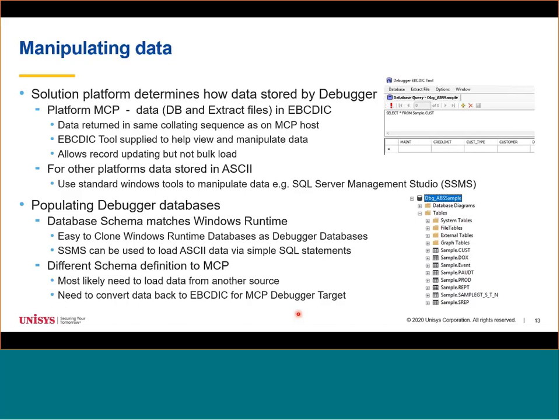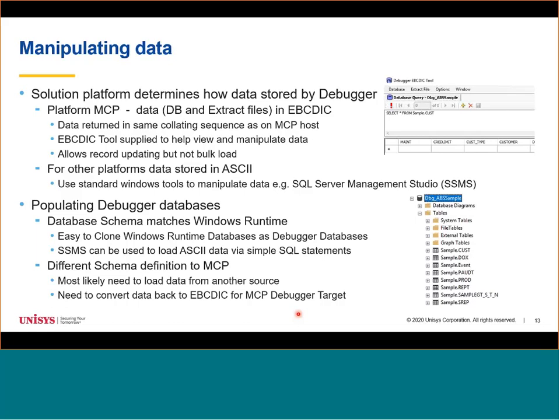So it's not as straightforward as just saying, well, I'll use one of the tools, something like Data Exchange, to pull that data from MCP onto Windows. That data will then probably need to be converted in some way to the right naming conventions. There's also a whole bunch of indexes that are created on the tables, and they are created in a special way.